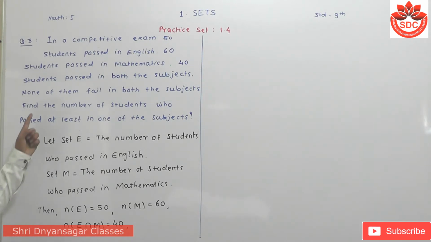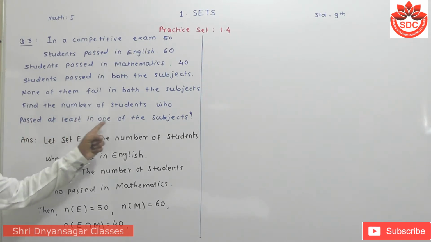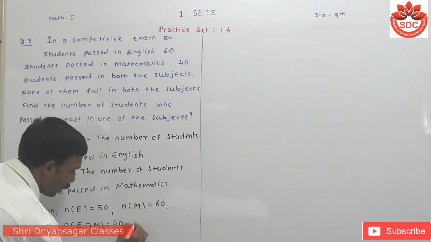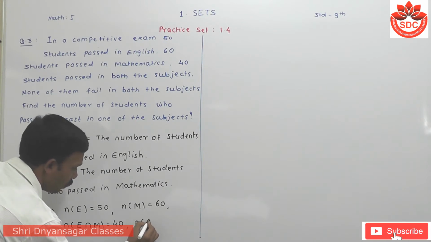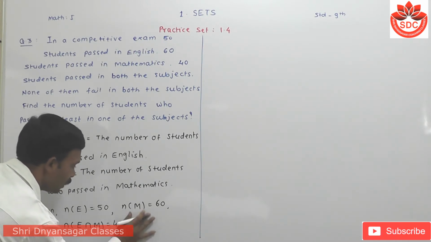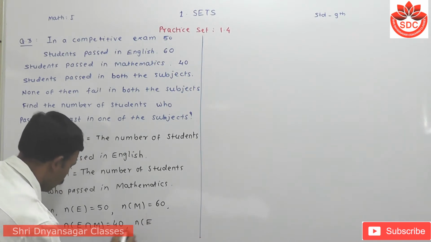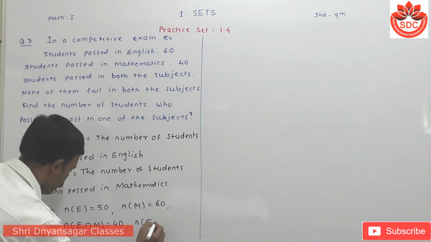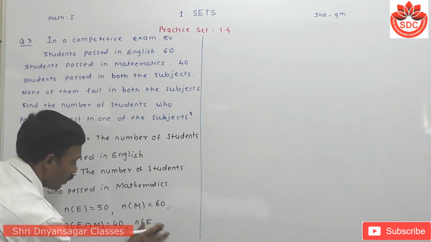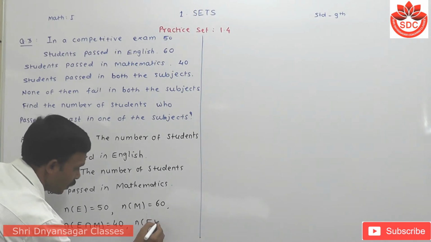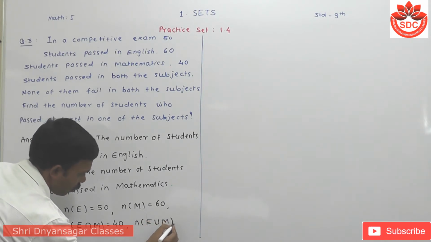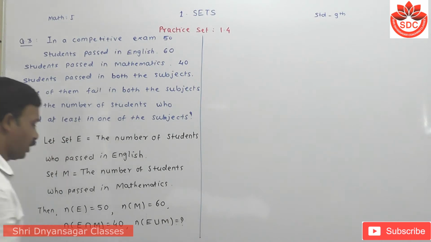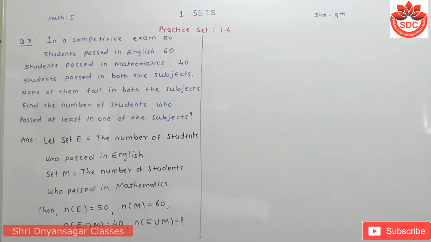We have to find the number of students who pass at least one of them, means that you have to find the number of students who pass in English or in mathematics, is equal to question mark. Means that you have to find its union.